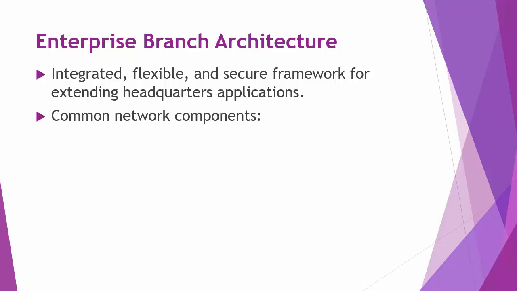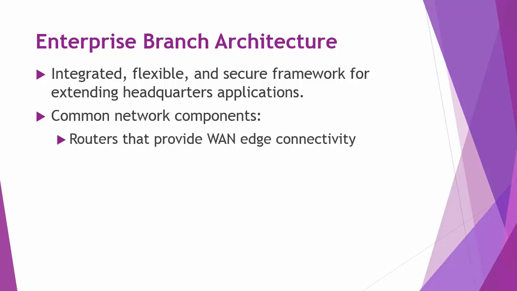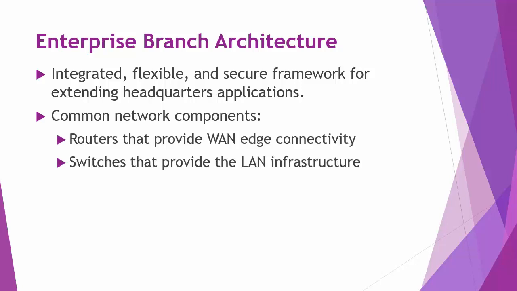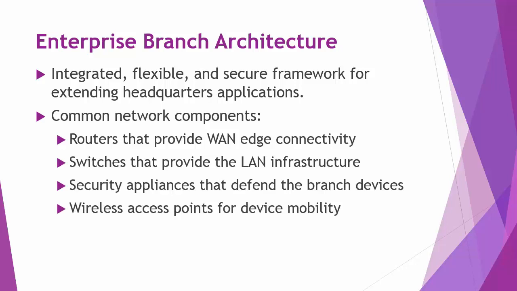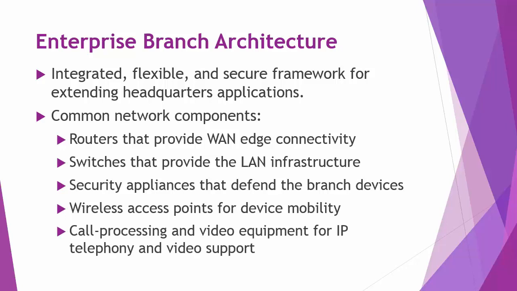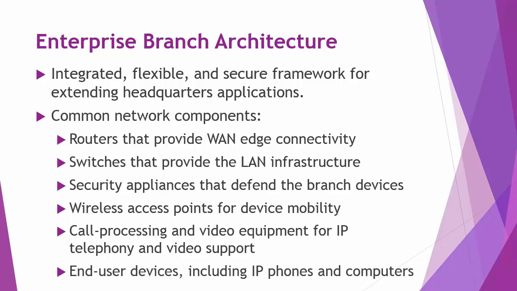Common network components that can be implemented in the branch include routers that provide WAN edge connectivity, switches that provide the LAN infrastructure, security appliances that defend the branch offices, wireless access points for device mobility, call processing and video equipment for IP telephony and video support, and end-user devices, including IP phones and computers.